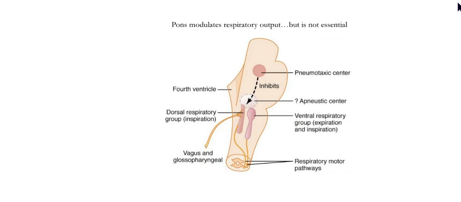All right, now, our pneumotaxic and our apneustic center. Our apneustic center was discovered experimentally. It was found that if you did a section, like a lesion, and you separated right above the apneustic center, between the apneustic and the pneumotaxic, and you did a bilateral vagotomy.